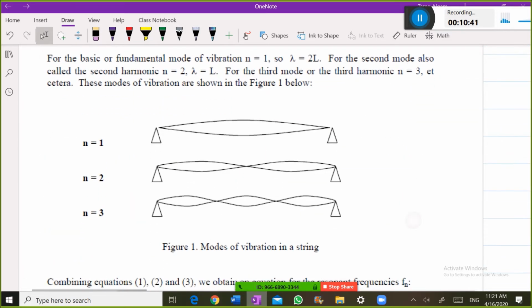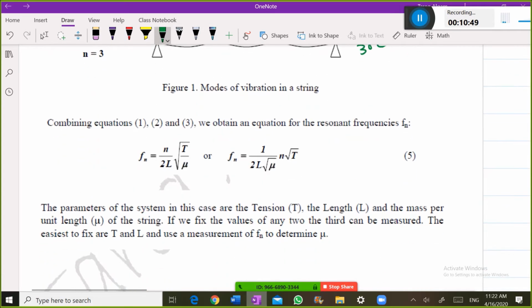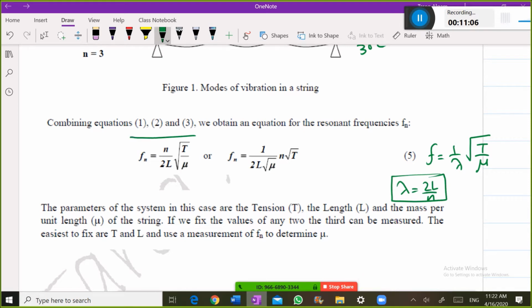So this is the first harmonic as you see, this is the second harmonic, this is the third harmonic, and so on. If I substitute instead of lambda 2L over N, as we discussed in the previous time, I will get this relationship.